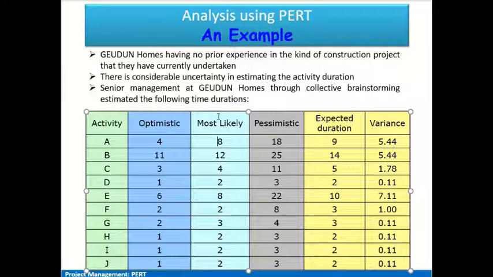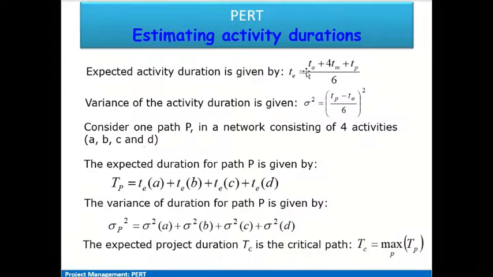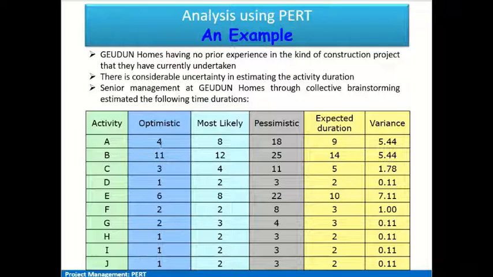Now based on these three activity durations, we calculate the expected duration using the formula: T expected is equal to T optimistic plus 4 times T most likely plus T pessimistic, divided by 6. So T optimistic 4, plus 4 times most likely, and then the pessimistic duration.